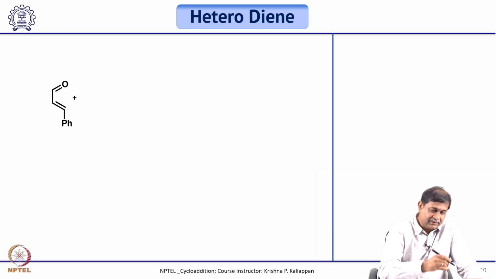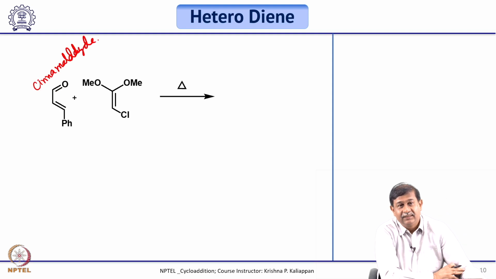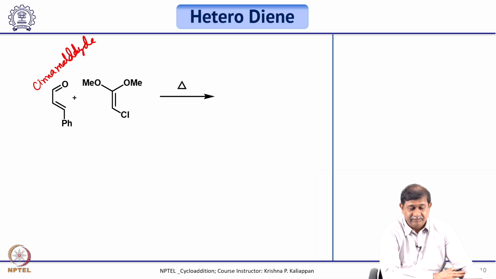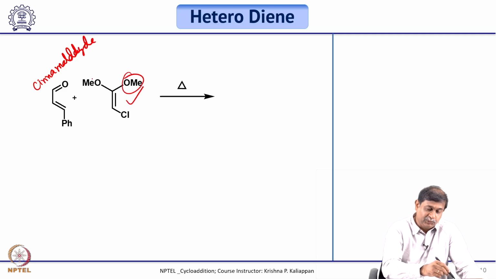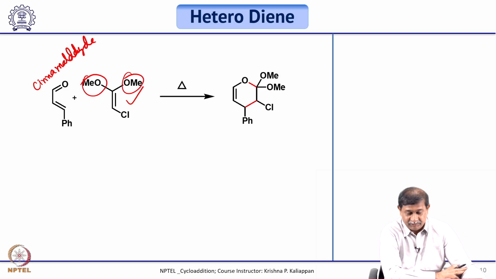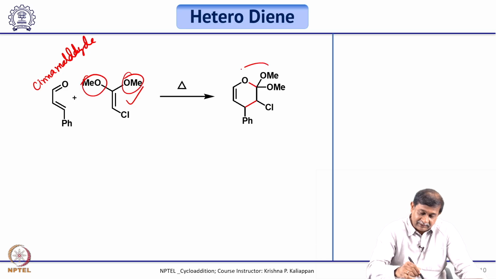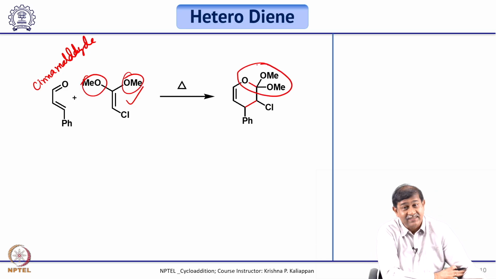And this is nothing but cinnamaldehyde. The cinnamaldehyde can undergo a hetero 4+2 cycloaddition reaction with this type of dienophile having 2 electron donating group, and that will lead to a very interesting monocyclic compound, and this is nothing but orthoester.